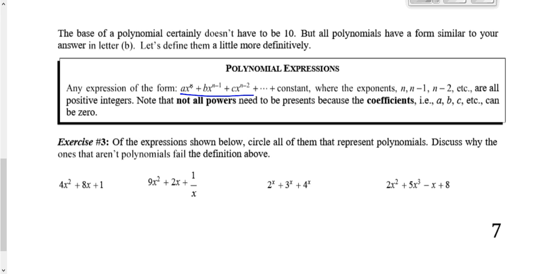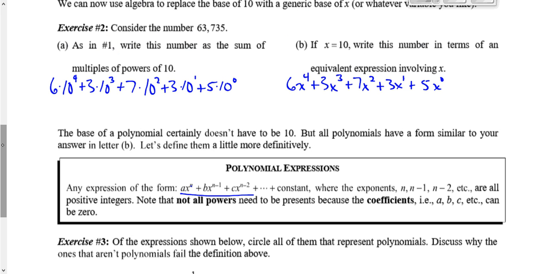Ax to the nth power, right? And what's 1 power less than n? What does it say there in the next term? X to the n minus 1, right? And then there's 1 power less than n minus 1, n minus 2, right?